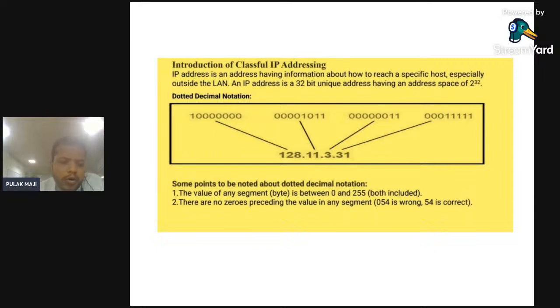Hopefully you already know how to convert decimal to binary. For example, 128.11.3.31: 128 is divided into 8 bits, 11 into 8 bits, 3 into 8 bits, and 31 into 8 bits. So total 32 bits. This is known as dotted decimal representation.